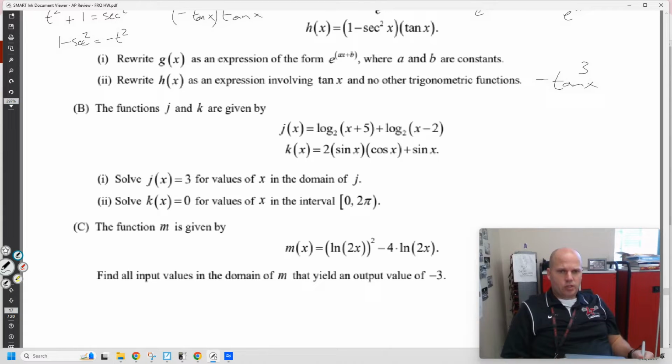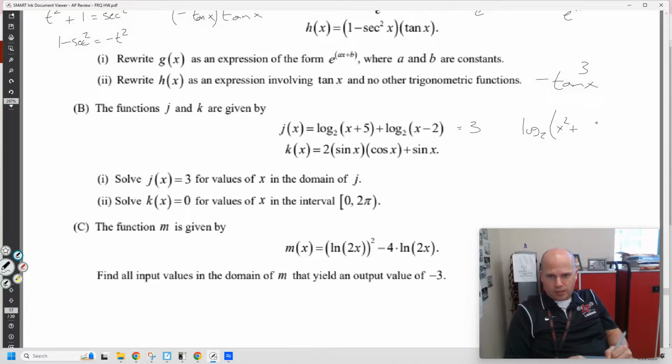When does J equal 3? Okay. You got the log base 2 of x squared plus 3x minus 10 equals 3. Take 2 to the power of both sides. Get x squared plus 3x minus 10 equals 2 cubed, which is 8.